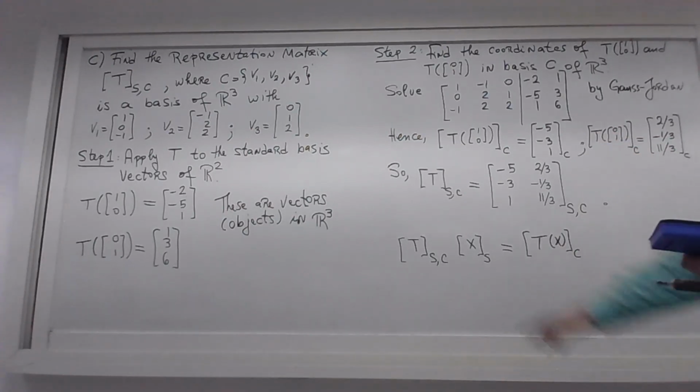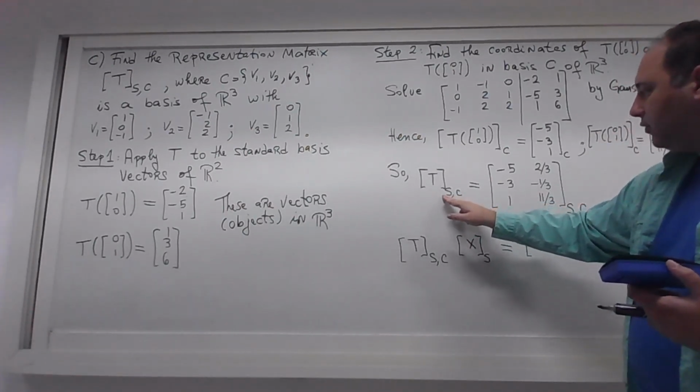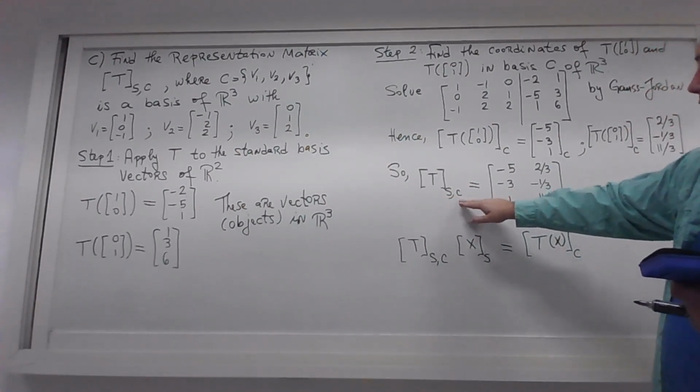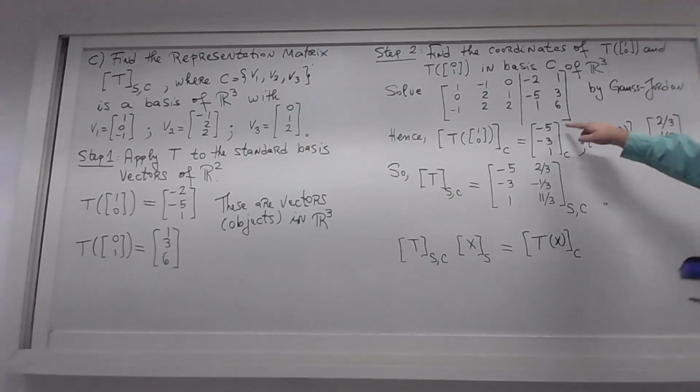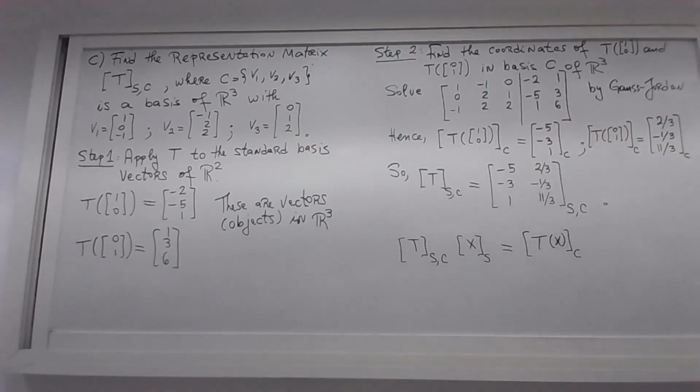So the representation matrix relative to basis S for inputs, the standard basis, and basis C for outputs is given here. The first vector goes in the first column, the second goes in the second column. That's it. Now we have a representation matrix relative to bases S and C for a linear transformation.